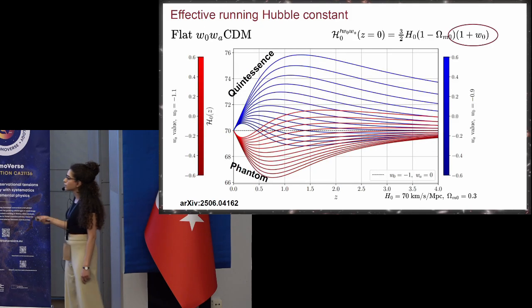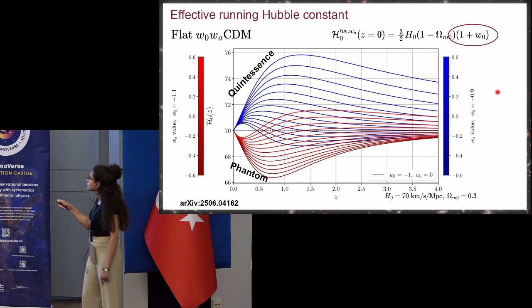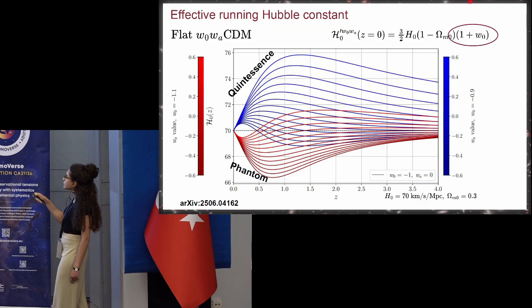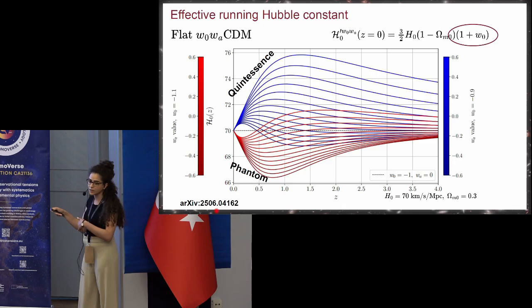This is valid also for the w0 wa CDM model, and this is why, if we consider the first derivative of this function, we see that it depends uniquely on this term. If we have a w0 that is higher than -1, we have an increasing trend of this function, whereas if we have phantom dark energy, the function initially decreases.